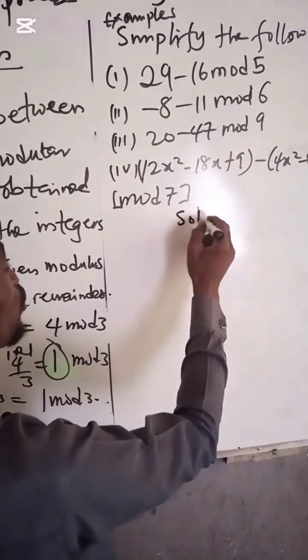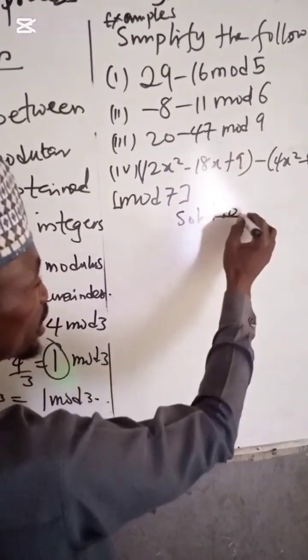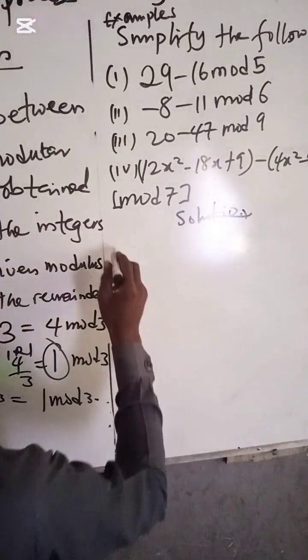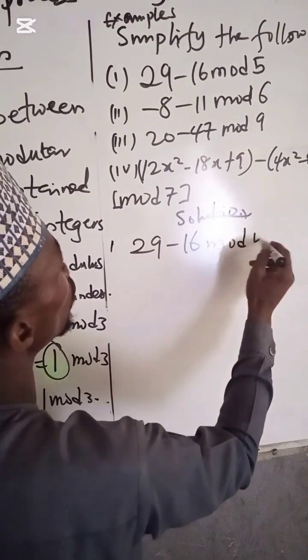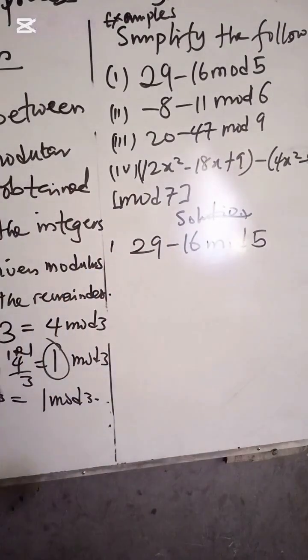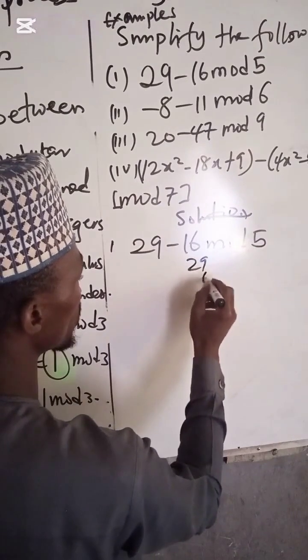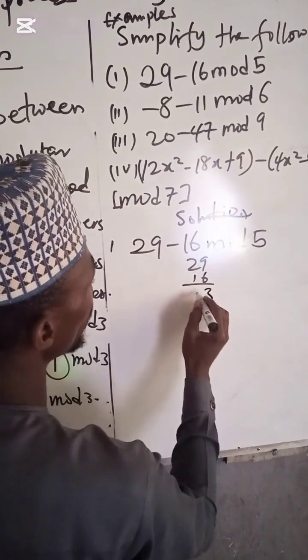This is very simple and direct. Let's dive into the questions without wasting our time. The first one says 29 minus 16 modulo 5. 29 minus 16, you have 13.